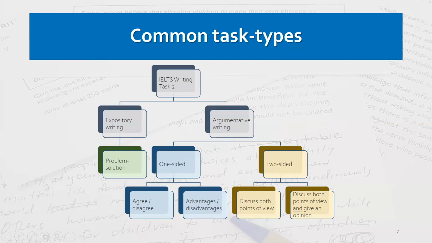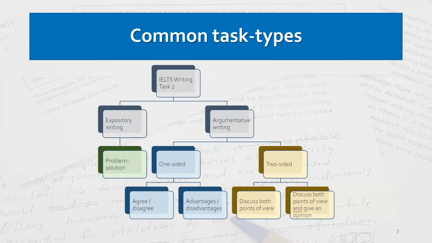Sometimes in the IELTS writing exam, you'll be told to write a two-sided argumentative writing. In a two-sided argumentative writing, you are either told to discuss both points of view, or you should discuss both points of view plus your own opinion.